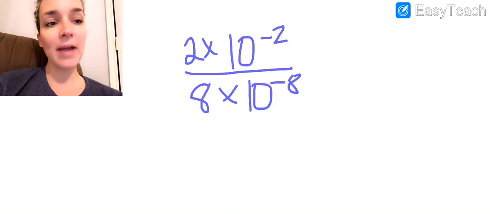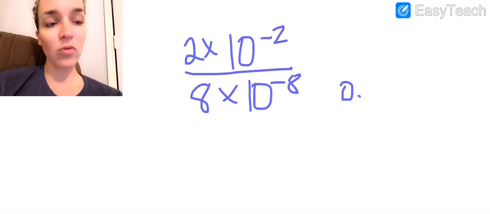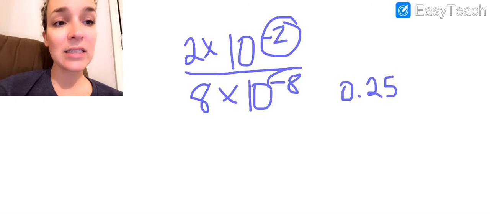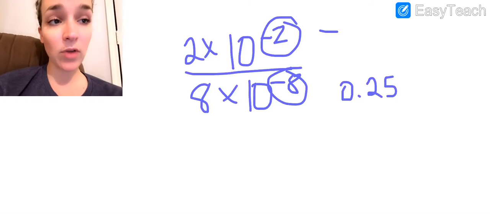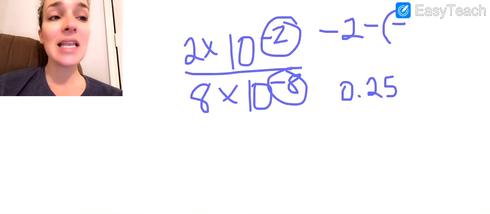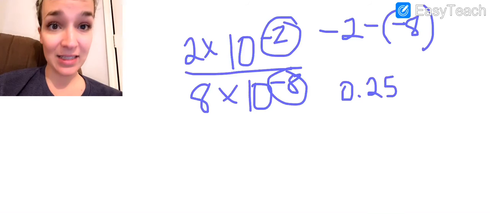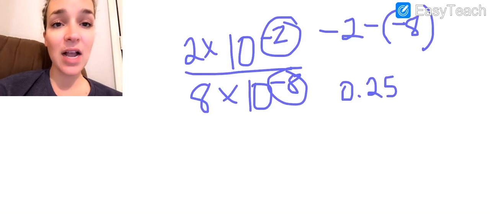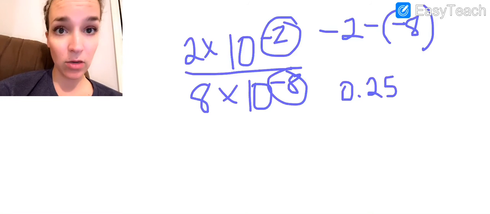So 2 divided by 8 is going to give us 0.25. Then we are subtracting. Let's write this out. We're subtracting negative 2 minus negative 8. So that minus is separate from the signs of the two values that we see, because the operation that we're doing is subtracting.